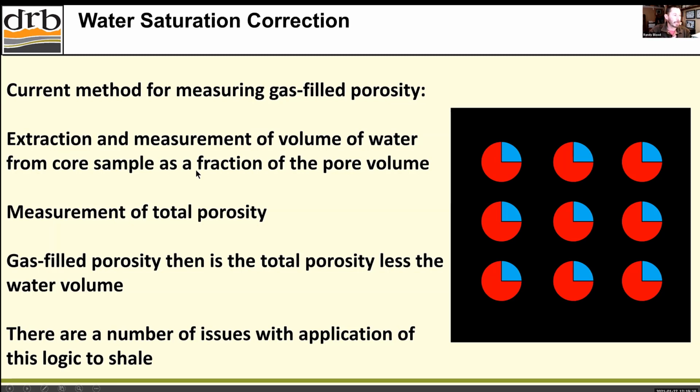And then there's a measurement of total porosity, and it's always been assumed that water was in the pore space, and therefore you have a total porosity, you have this water-filled porosity, and the difference between the two is your hydrocarbon-filled porosity. And in our case, in the Marcellus and the gas window, that hydrocarbon is gas-filled porosity. But we have a number of issues with this logic, about where that water is stored naturally.